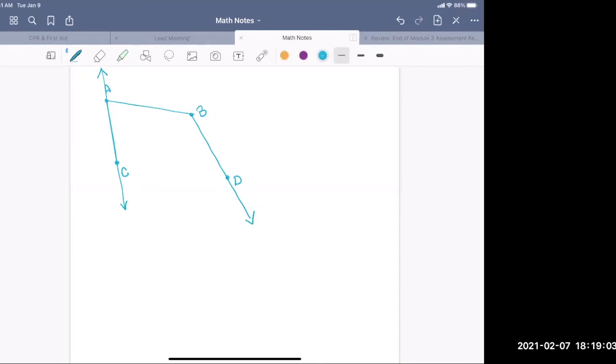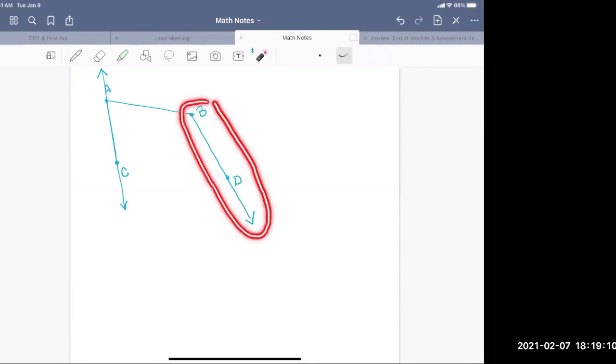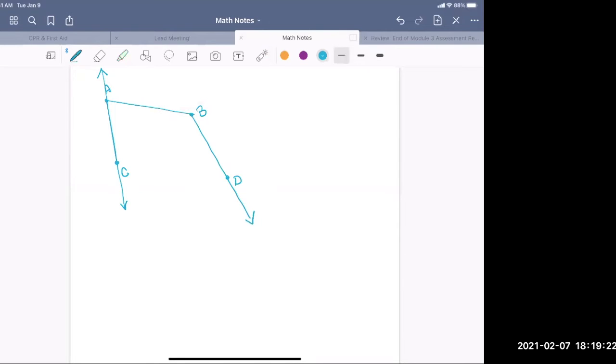How is this one that we just drew different from the other two we just drew? Well, what we just drew from point B through point D extends on forever in one direction.